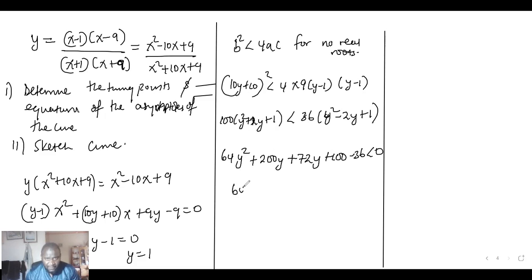What do we get? 64y squared plus 272y plus 64 is less than 0. I've never seen this answer I'm getting.